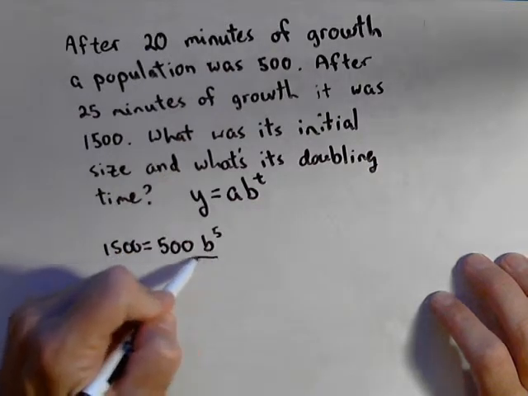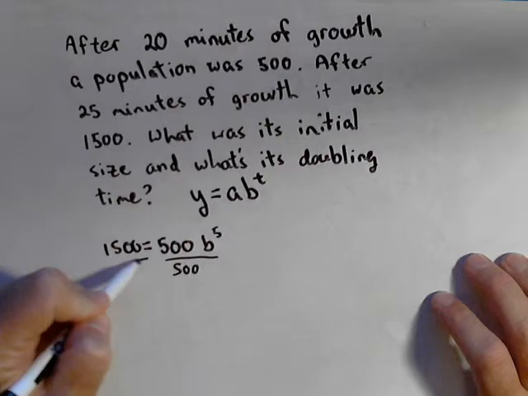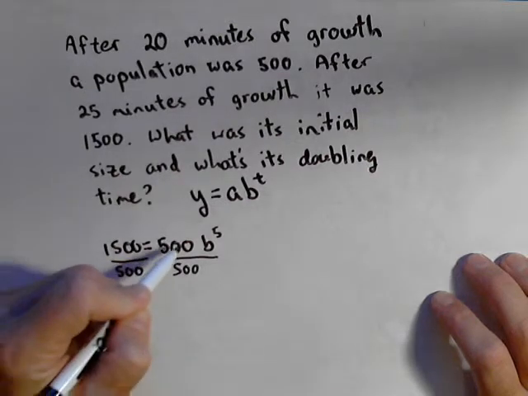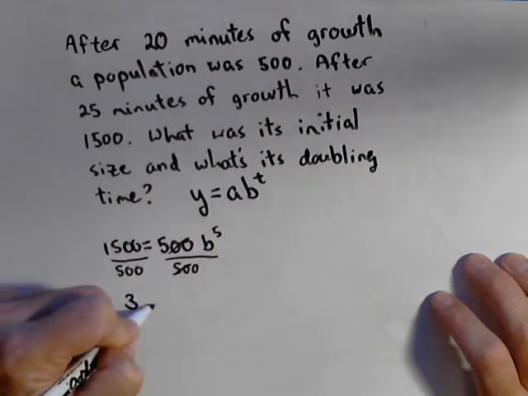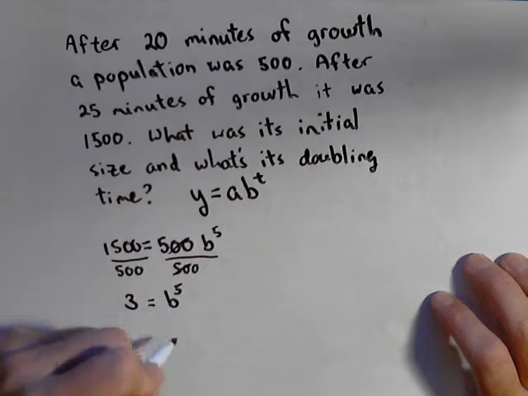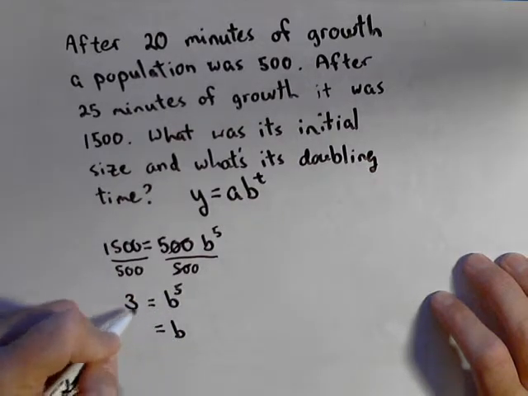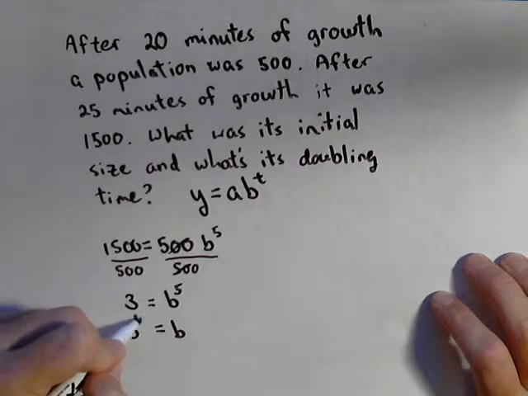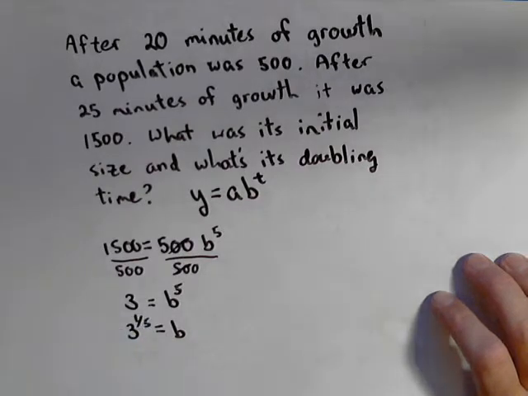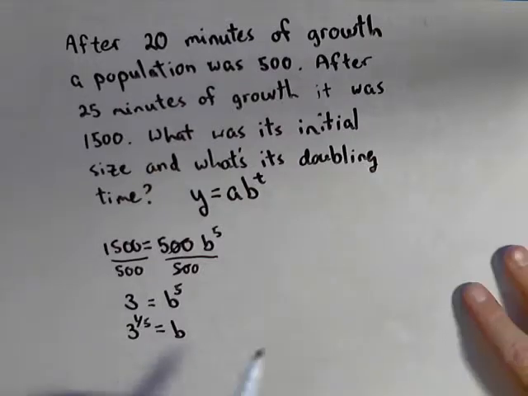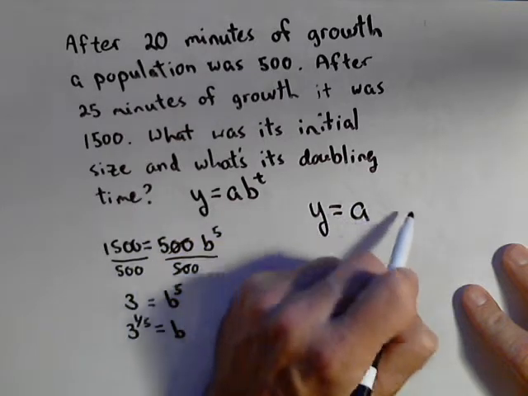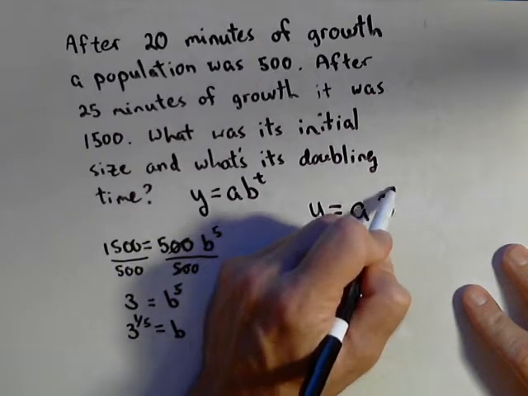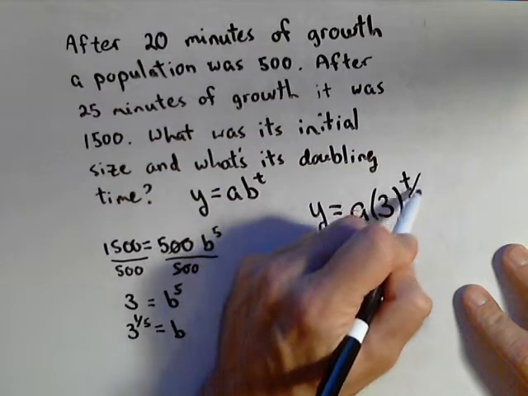So I'm going to divide both sides by 500, and I get that 3 equals b to the 5th, or that b equals, we raise both sides to the 1/5, so 3 to the 1/5. There's the base of my exponential for this model. So I know it's going to have the form y equals a times 3 to the 1/5, or as I like to write it, t over 5.